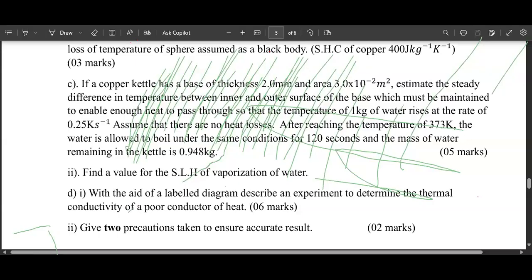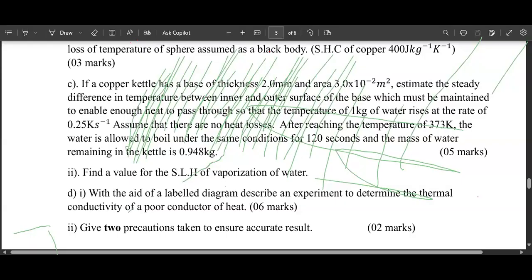2.1. Then we shall have 3.8 times 3, which is giving me 11.4. So 2.1 divided by 11.4. I am coming up with our change in temperature between the inner surface and the outer surface as 0.184 kelvins.